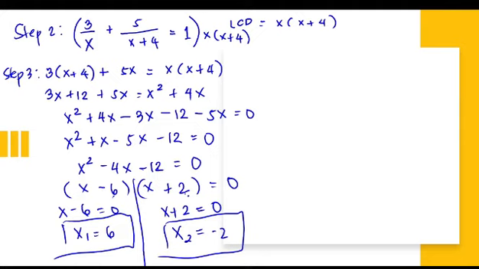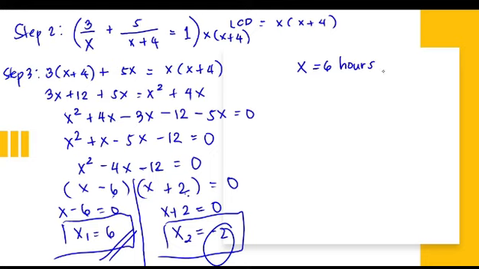The thing is, okay, we are talking about time. So we could not accept a negative value here since we are talking about time. So we will accept 6. So, going back with the representation, yung x natin is equal to 6 hours.